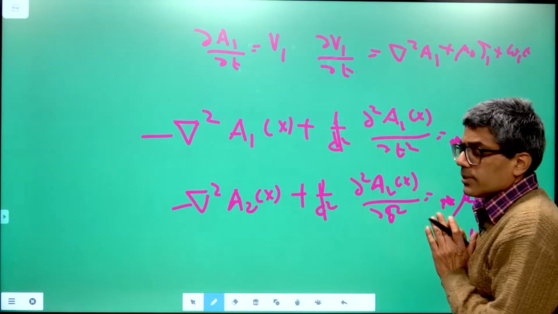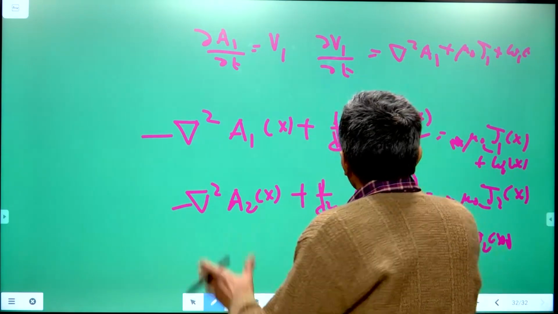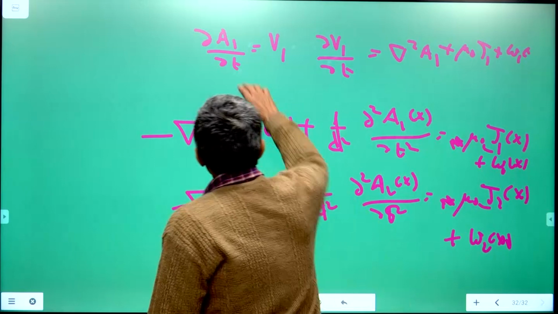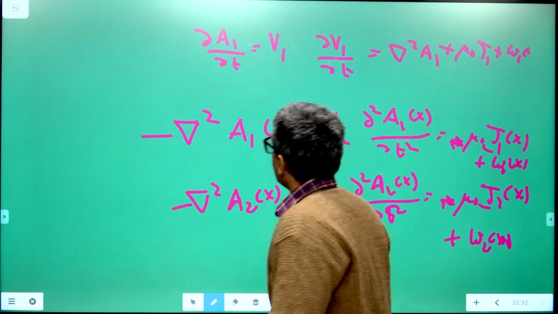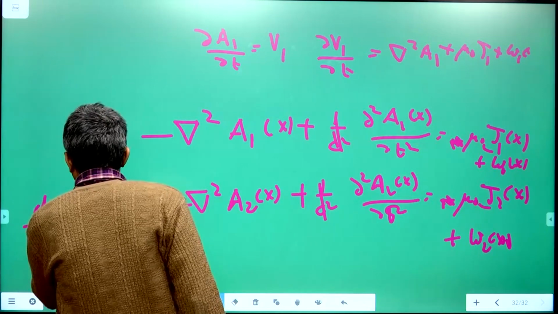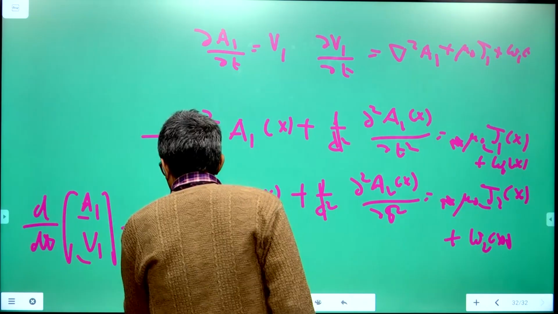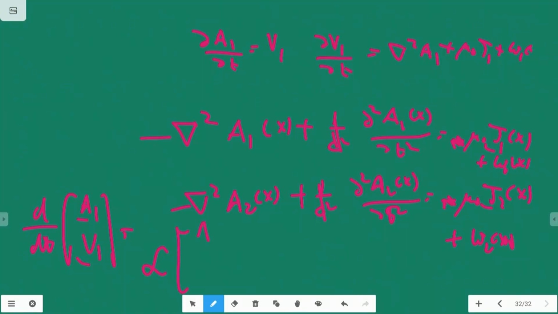The state variables cover the entire 3-dimensional space or the space within a cavity. That means if I discretize the spatial pixels, I get a system of state variable equations of the form d by dt of a1 and v1 equals some linear operator acting in the spatial variables on a1 and v1, plus noise w1.